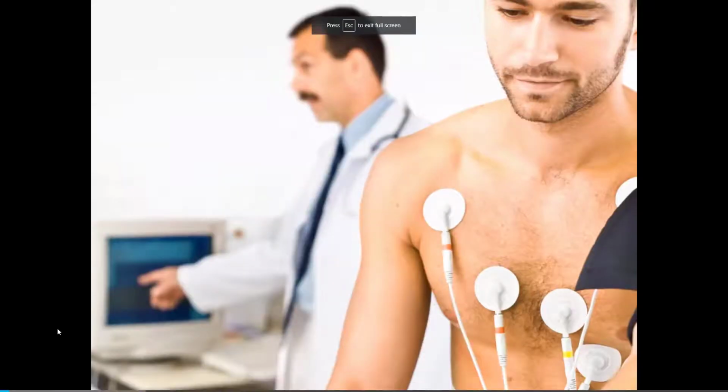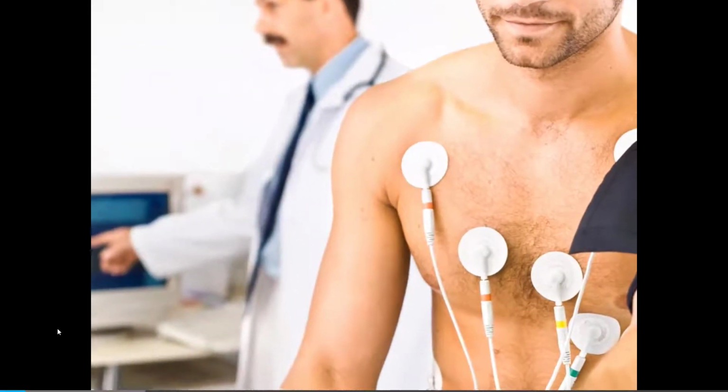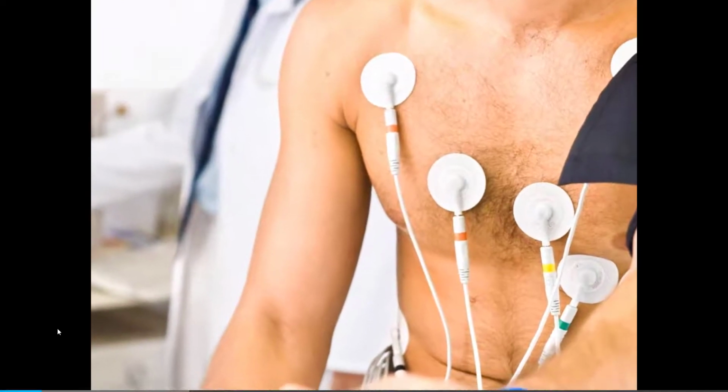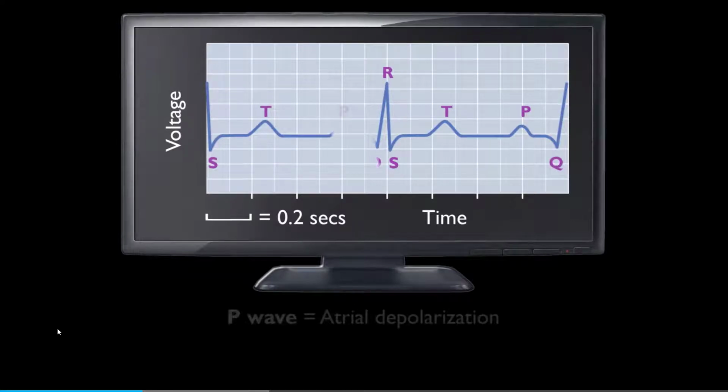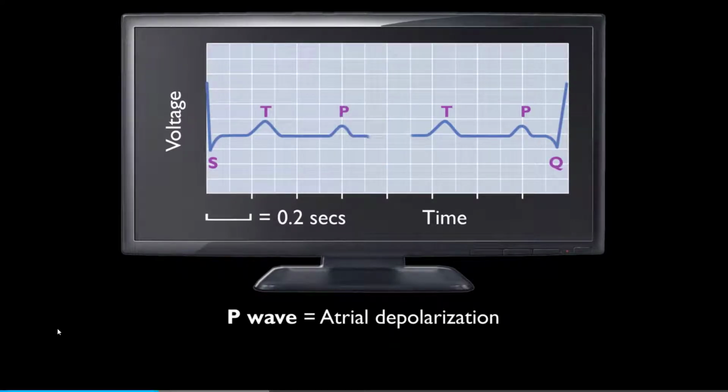The overall electrical activity of the heart is detectable by electrodes placed on the skin. The resulting electrocardiogram, or ECG, records a composite view of all the action potentials occurring in the heart during a given time. The P wave results from atrial depolarization.